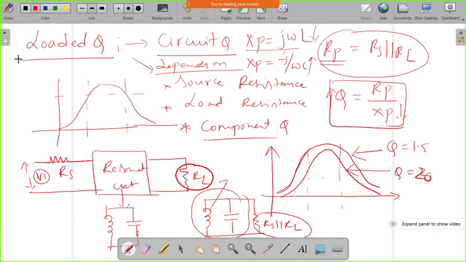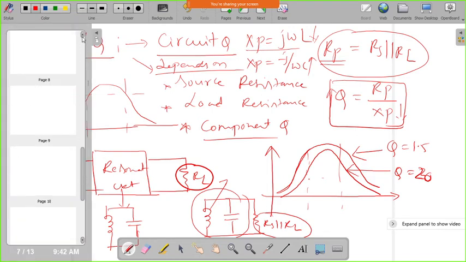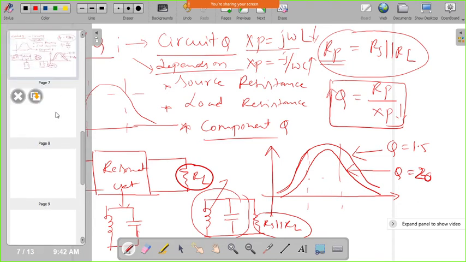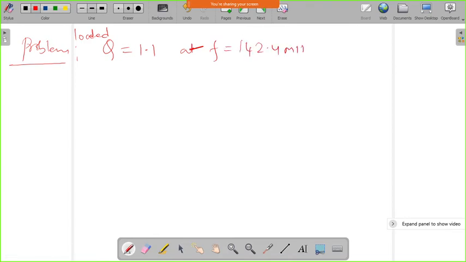Now let me take an example problem on how to increase or decrease the Q, or how to find the Q. You can take this problem and see how to calculate the Q. Design a resonant circuit with a loaded Q of 1.1 at F equal to 142.4 megahertz.